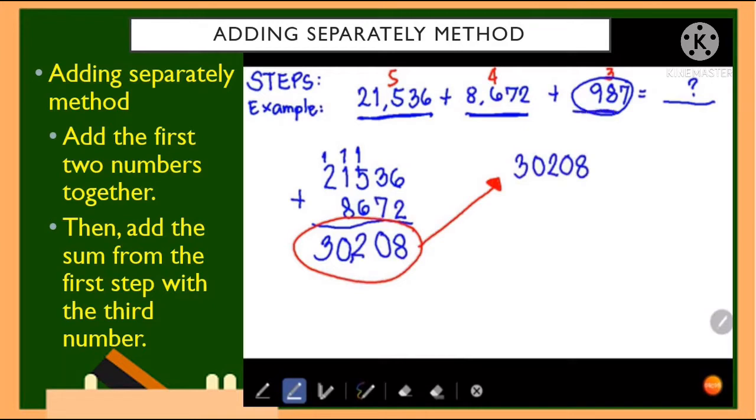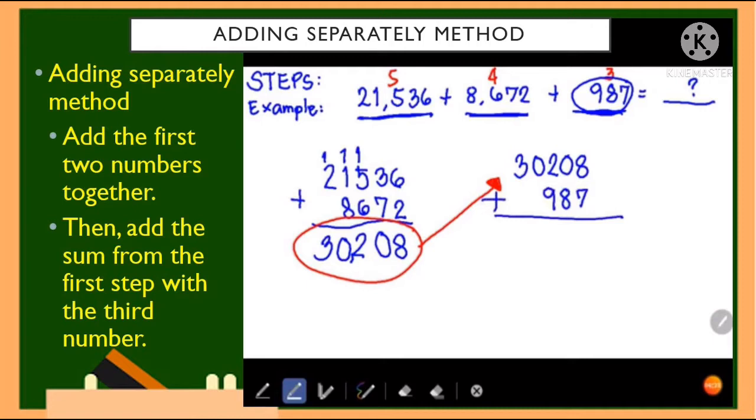Then let us put the third number on its lower part. We will start with 7, 8, 9, and then don't forget our symbols.